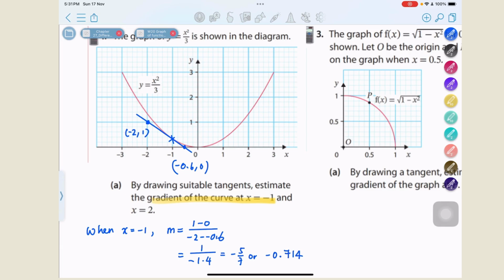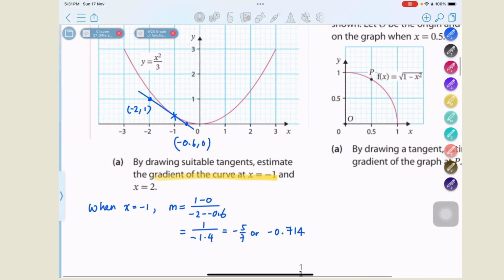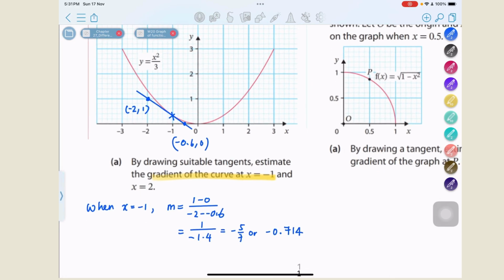All this is actually an approximation. It doesn't give you an exact gradient.